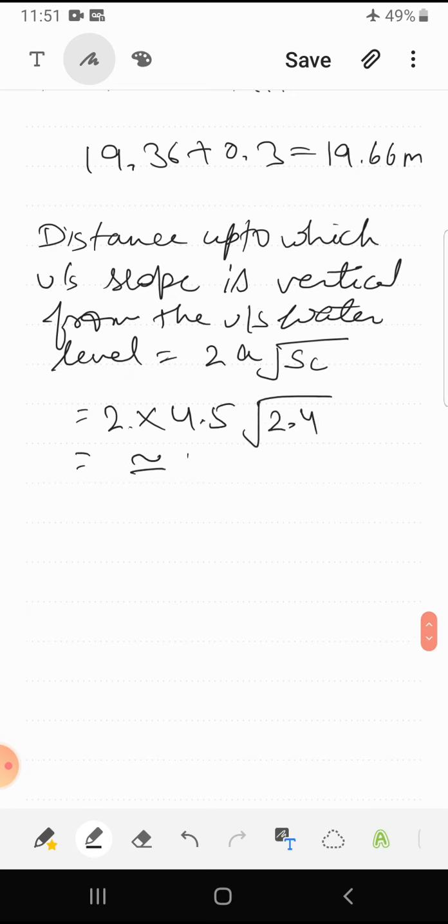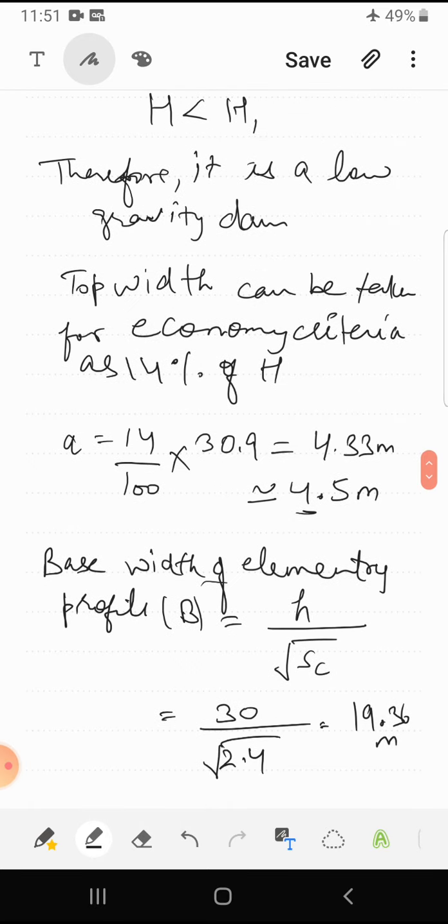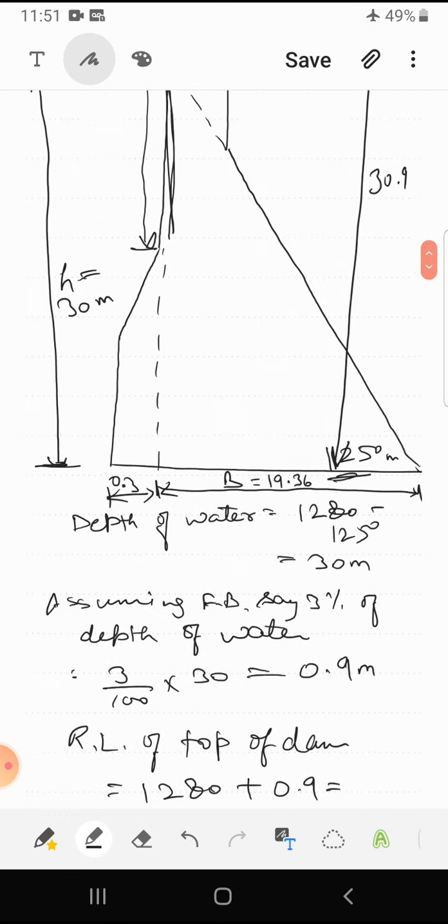So it is approximately 14 meters. It means the upstream slope is vertical up to a depth of 14 meters.